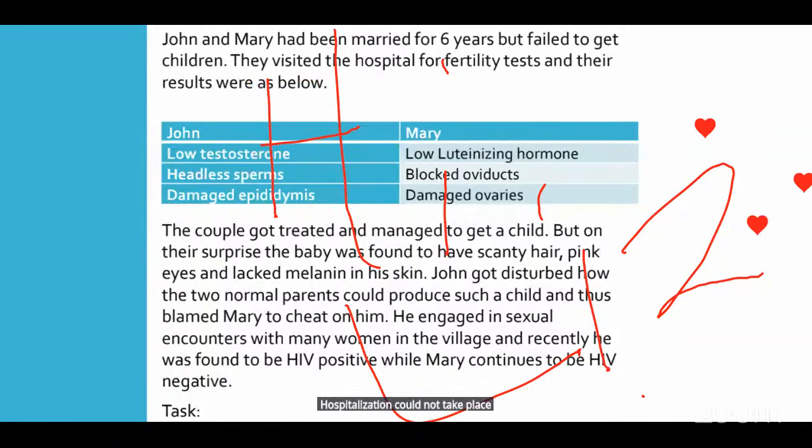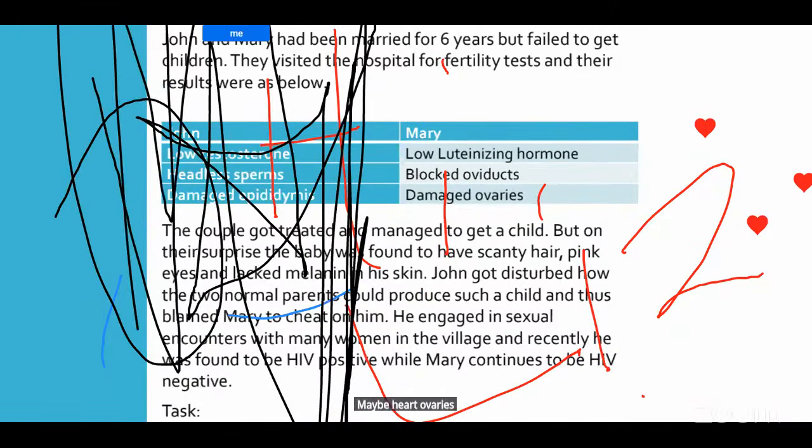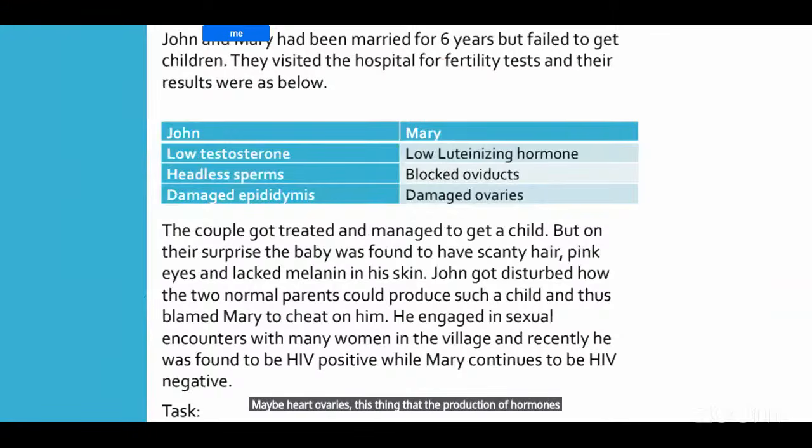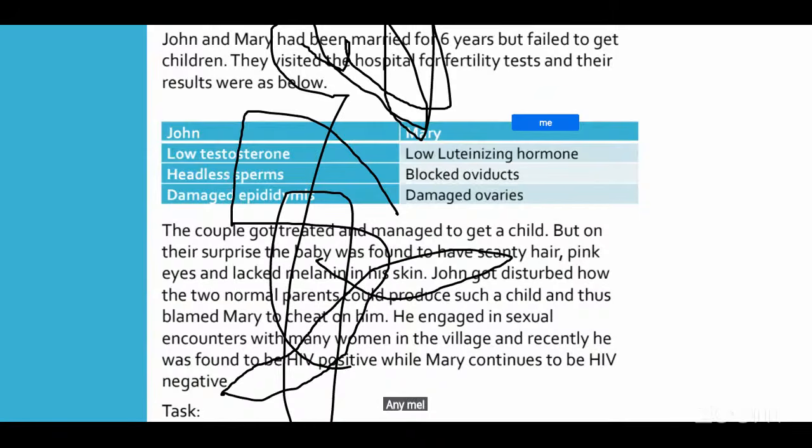Fertilization doesn't take place in the ovaries; maybe you could say the ovum. Mary had damaged ovaries. This hindered the production of hormones like progesterone, which favor pregnancy. John produced headless sperms, which meant he did not release any male gametes that can form a zygote when fused with the eggs.